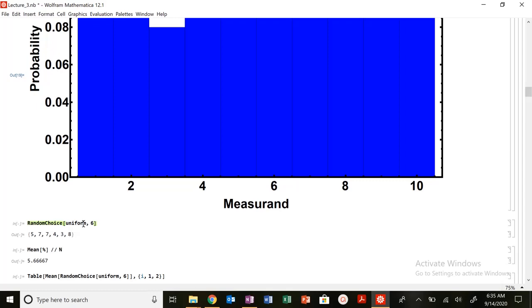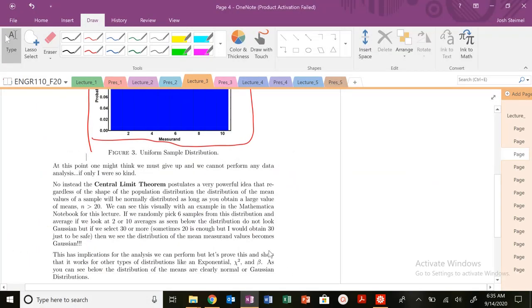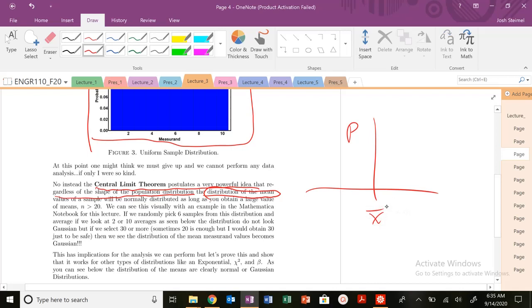It's a very powerful idea: regardless of the shape of the population distribution, the distribution of my sample means, my x bars, of any given population will be normally distributed, as long as I have a large n. Really it's n greater than 20, but in this class we're going to say n greater than 30.